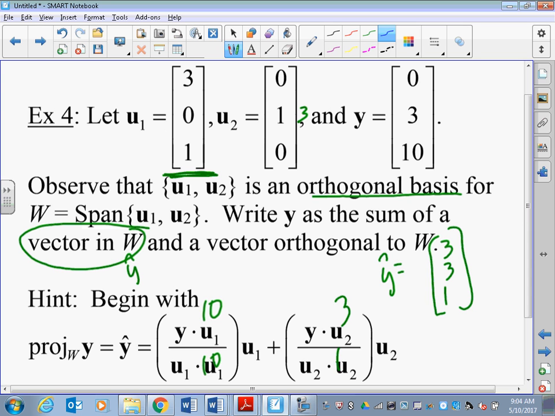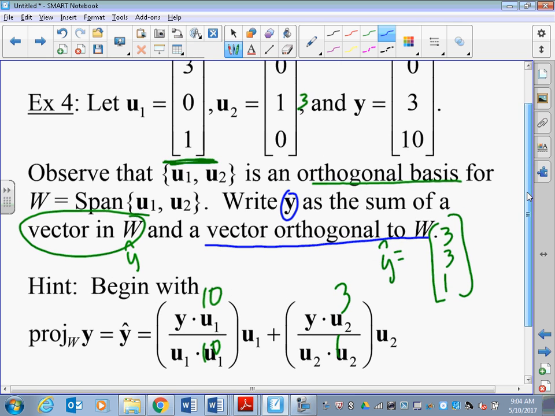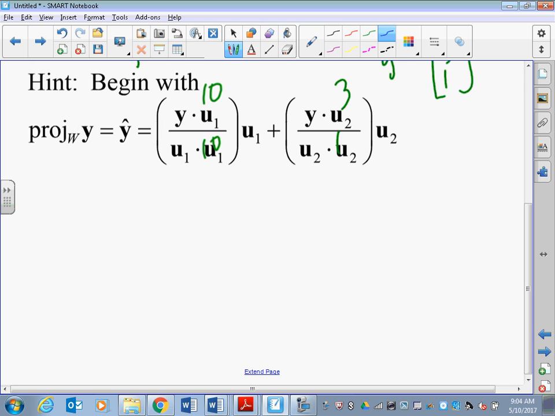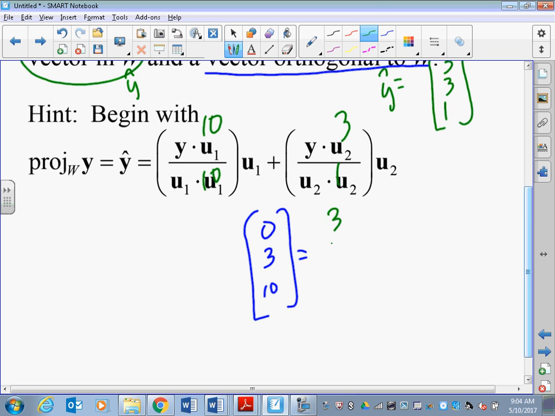Now we have to find the vector that's orthogonal to W. We want to write y as the sum of those two. So now it's pretty easy. We know that y is 0, 3, 10. So 0, 3, 10 equals what we had before, 3, 3, 1, plus negative 3, 0, and 9.